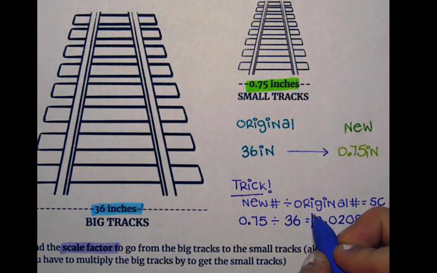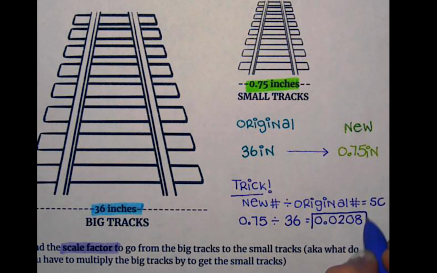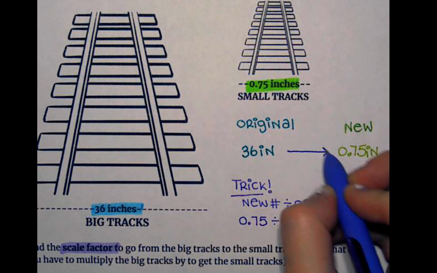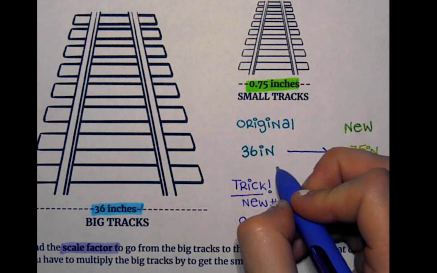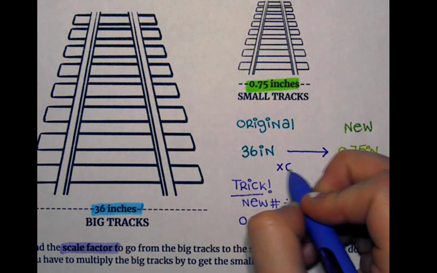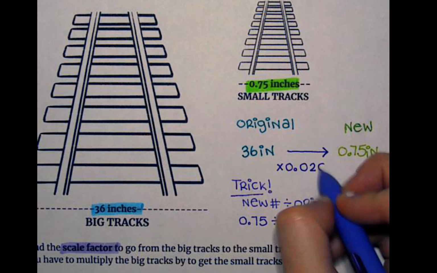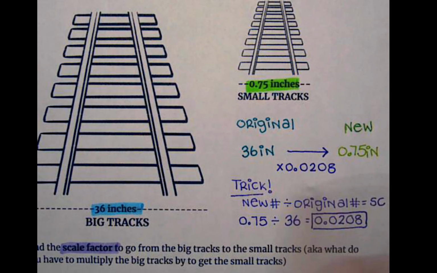For my sake, I'm going to box it so that I remember that that's the scale factor. I'm also going to write it up here because this arrow means that you are multiplying 36 by something. That something is 0.0208. Now, you could have probably guessed and checked and found that number eventually, but it would have taken you a pretty long time.